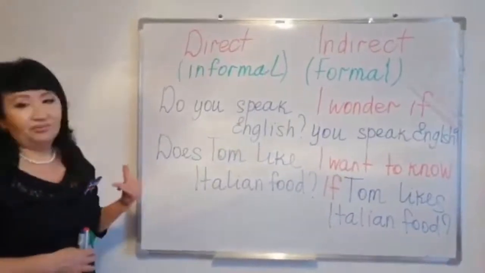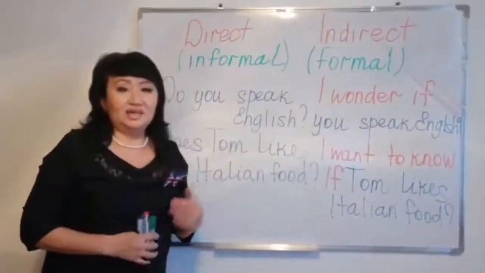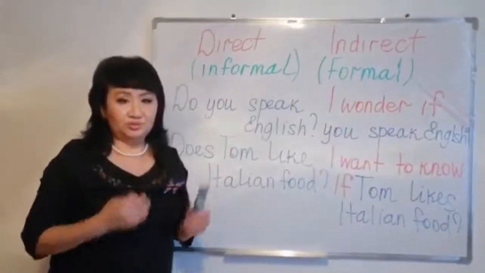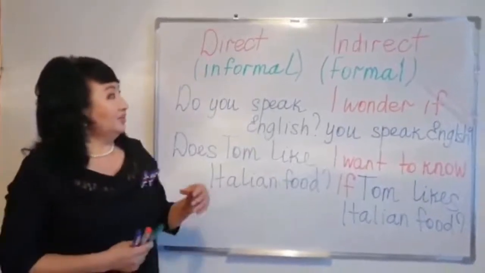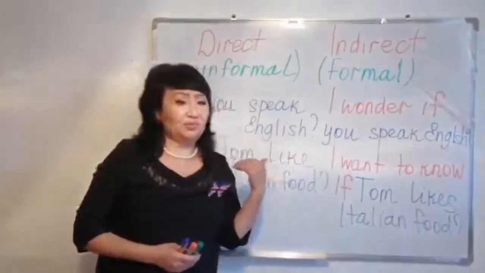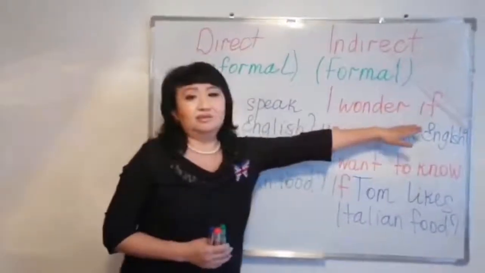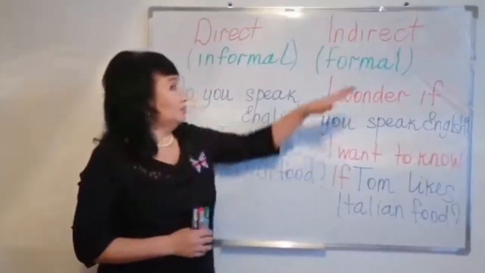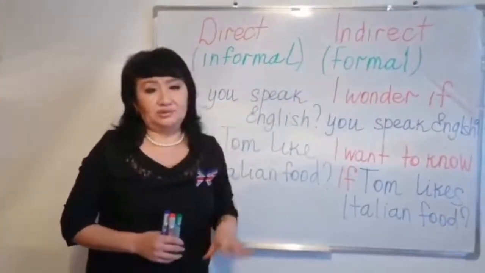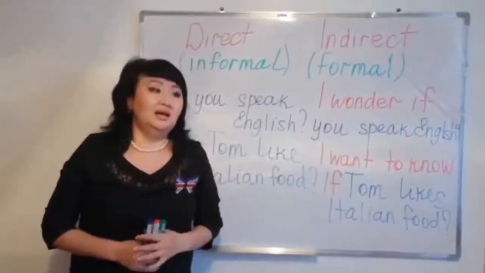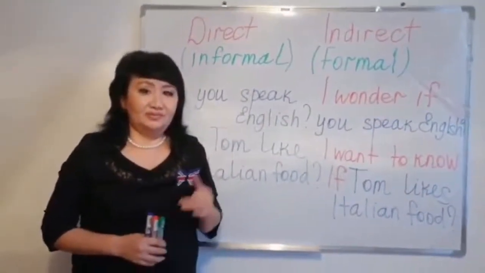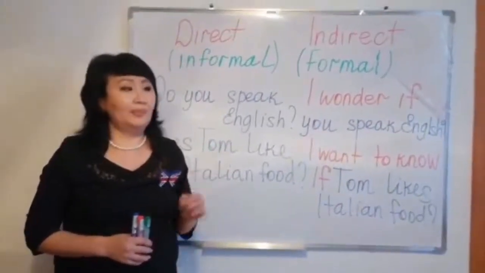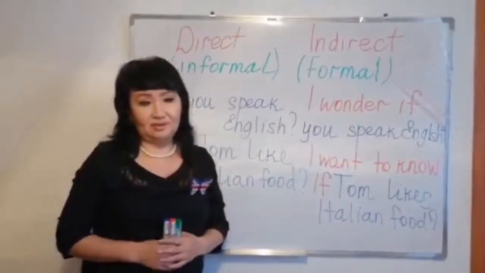Firstly, you should identify the type of the question. If it is a WH question, you should use the question word. If it is a yes-no question, we should use if. So let's remember how to make an indirect question. Firstly, we use special phrases, for example, I'd like to know, could you tell me, I want to know, I wonder.